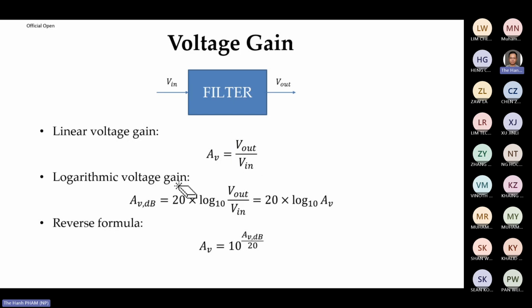And for this gain, if you convert to dB, because these are voltages, you can convert to dB by using 20 times log base 10, right? Of course, if you have the values in dB, you can always convert to non-unit. So this one is non-unit because you have voltage over voltage, right?